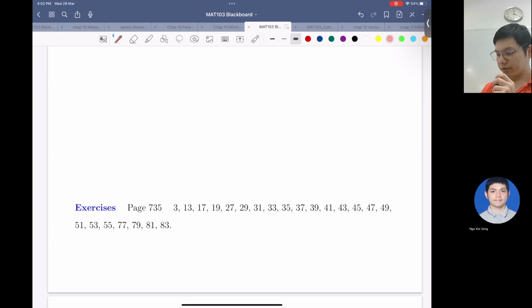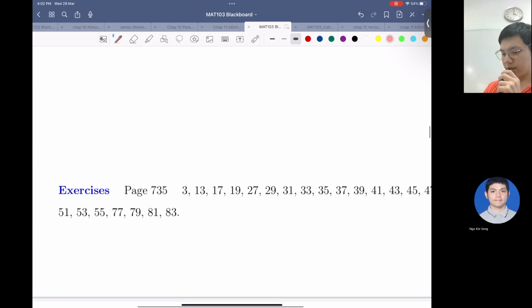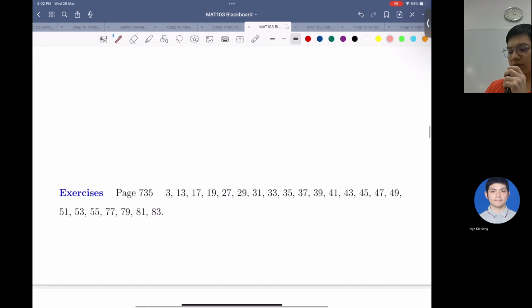I know some of you are concerned about these exercises here. This is a previous year's notes, so maybe it's based on a different version, but I couldn't find that version either. One remedy is you can go to my textbook version, look for the chapter, and look for this number here, because the question patterns are mostly the same.